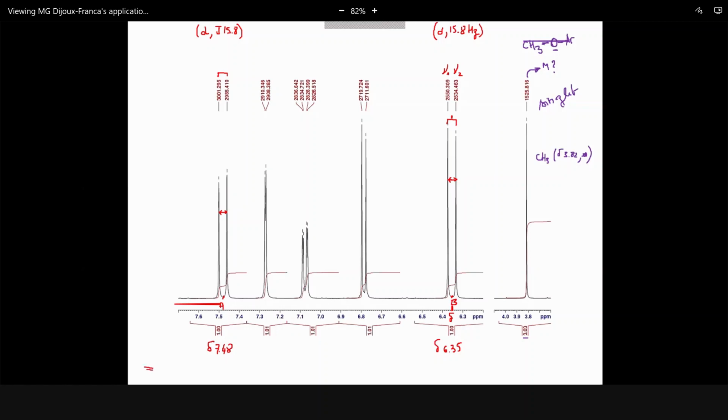Okay, as the coupling is around 16, that means that I have a trans double bond. Say A and B. I don't know yet what are here and here. Okay.